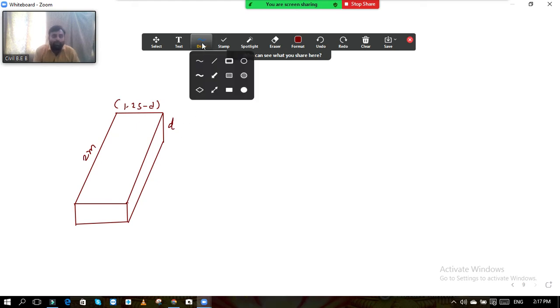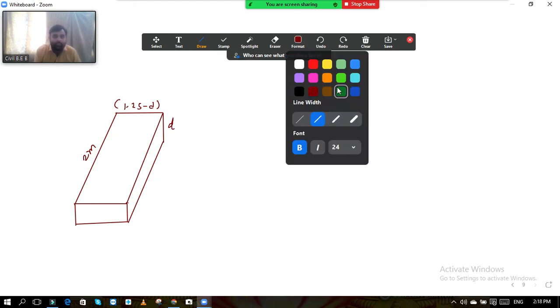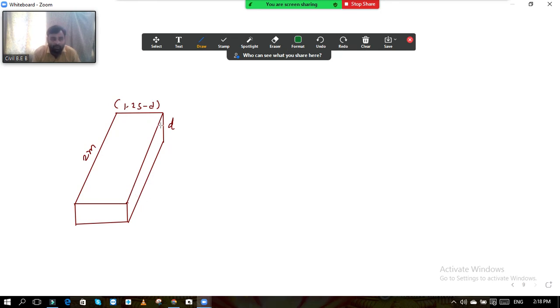So which area will come into contact, I will hash that area. So this area will come into contact during failure. This is the area of contact, and this area is only on one side.